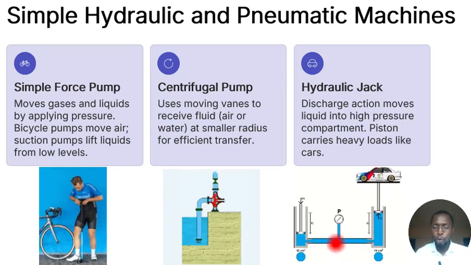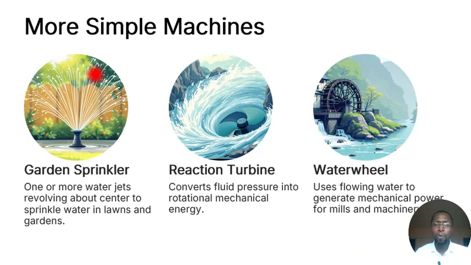Okay, so we still have more examples of pneumatic and hydraulic systems. Like we have the garden sprinkler. The garden sprinkler actually revolves round as it sprinkles water around the garden.